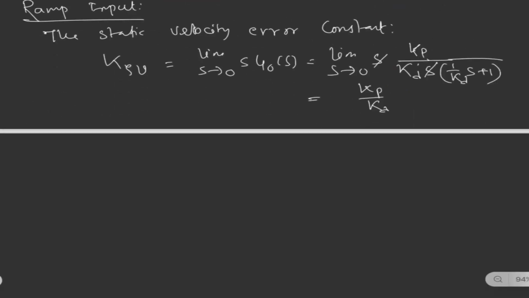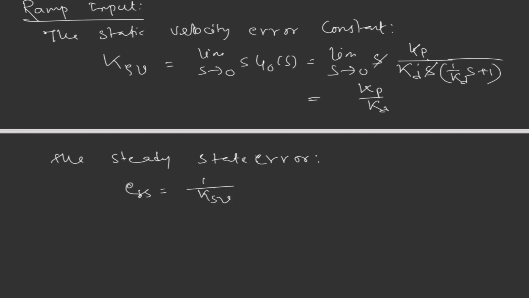And the steady state error, we can have ESS equal to 1 upon KSV, which is nothing but KD by KP.